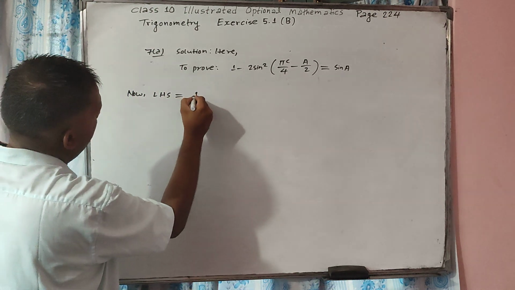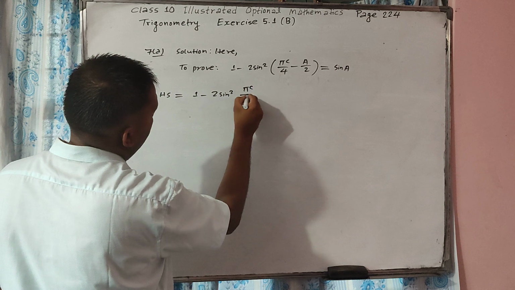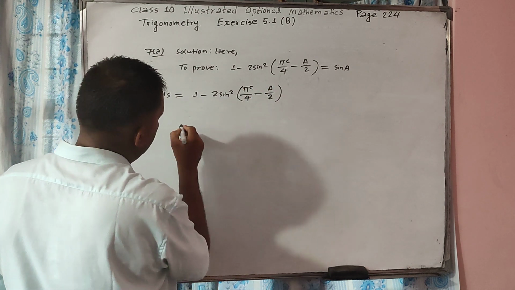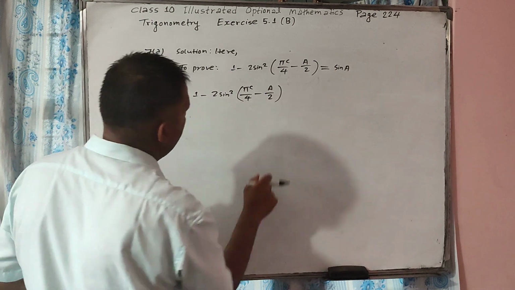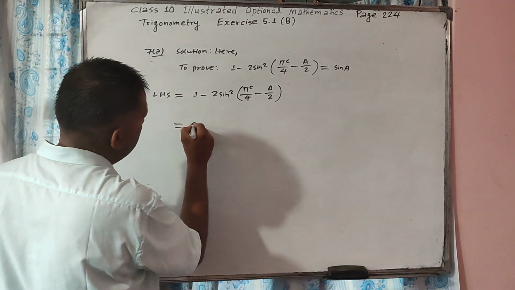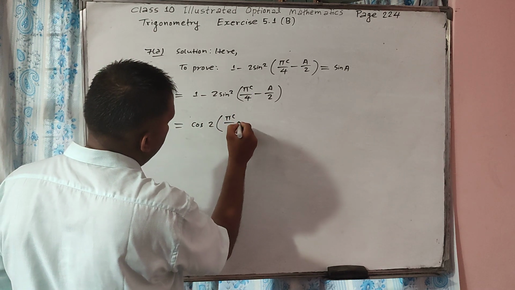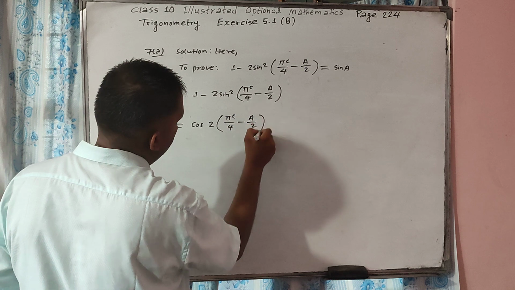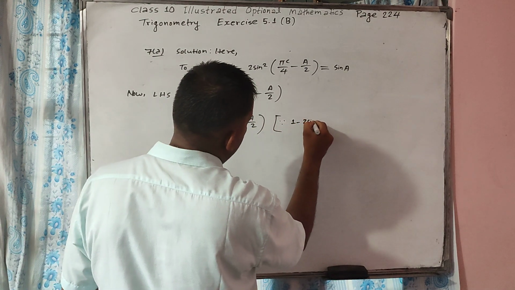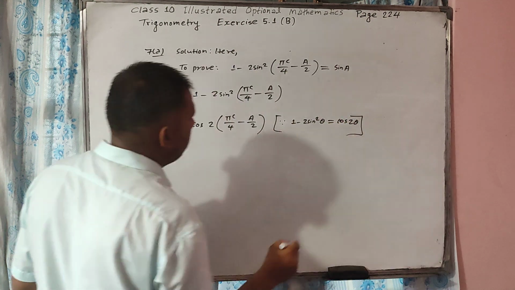Now LHS equal to 1 minus 2 sin²(π/4 minus a/2). This is the 1 minus 2 sin²θ form. This is for cos 2θ. So here θ is π/4 minus a/2, because 1 minus 2 sin²θ equal to cos 2θ by using this formula.